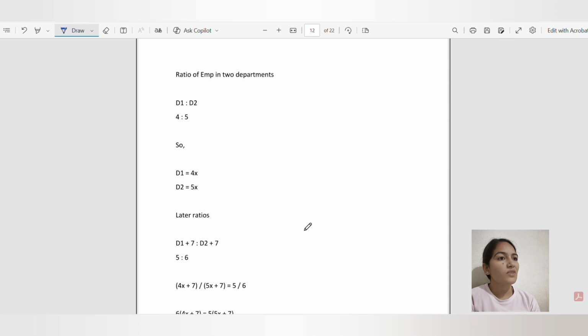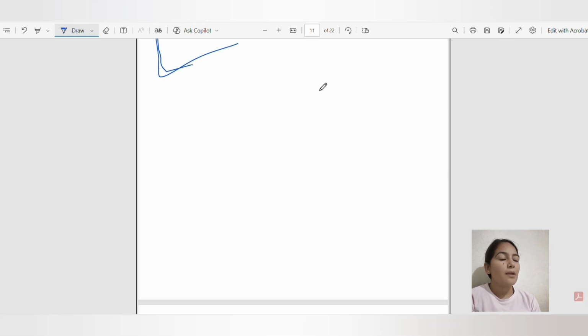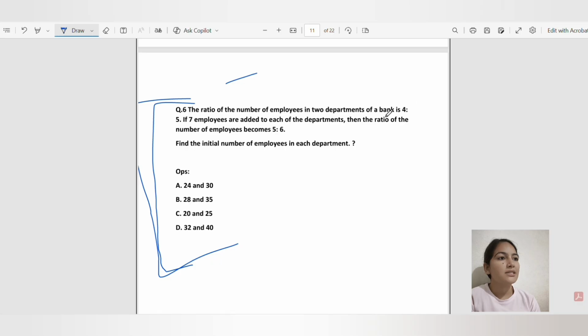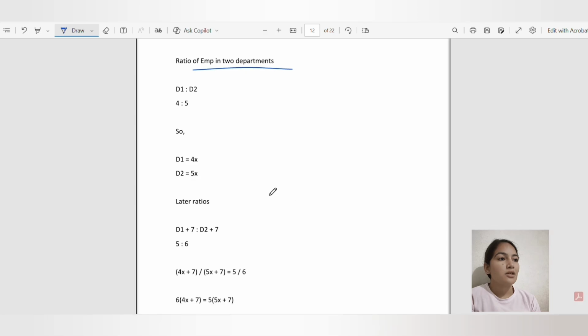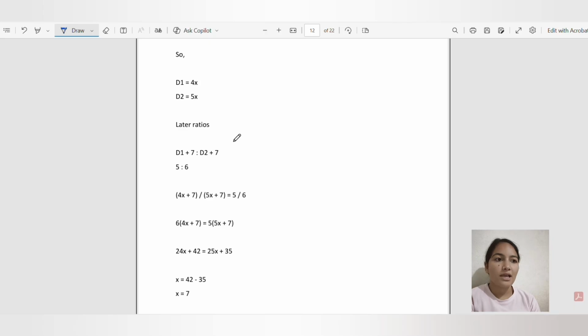Okay, so let's see. Ratio of employees in two departments. What is the initial ratio? 4:5 in two departments. So let's denote the two departments by D1 and D2, and the initial ratio is 4:5. So we can write D1 is equal to 4x and D2 is equal to 5x.